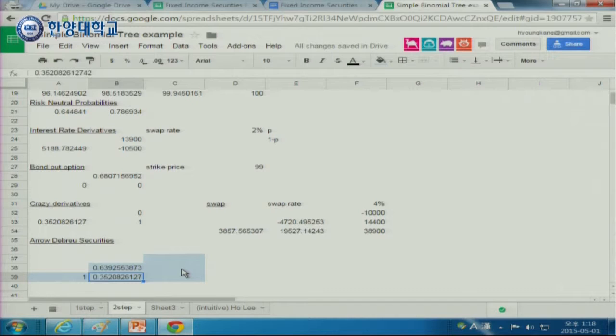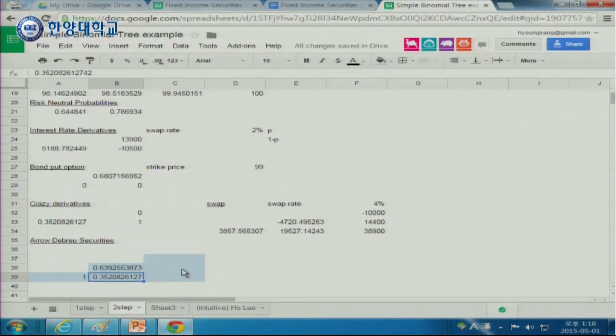One interesting thing is that since we know the Arrow-Debreu security for all possible scenarios, and there are only 2 possible scenarios for 6 months later, we can calculate a risk-free asset, right? The definition of a risk-free asset is that it pays $1 whatever happens.